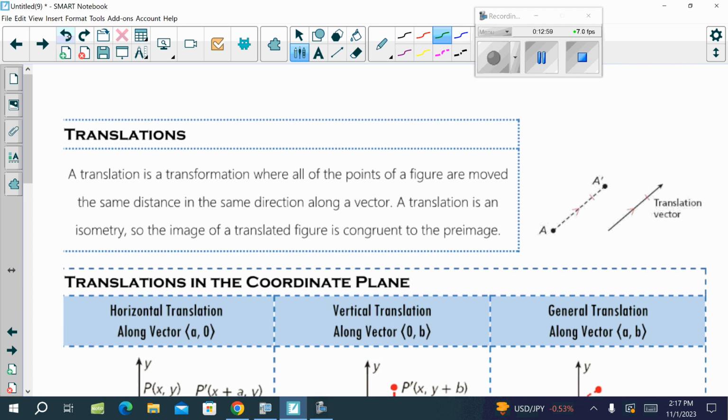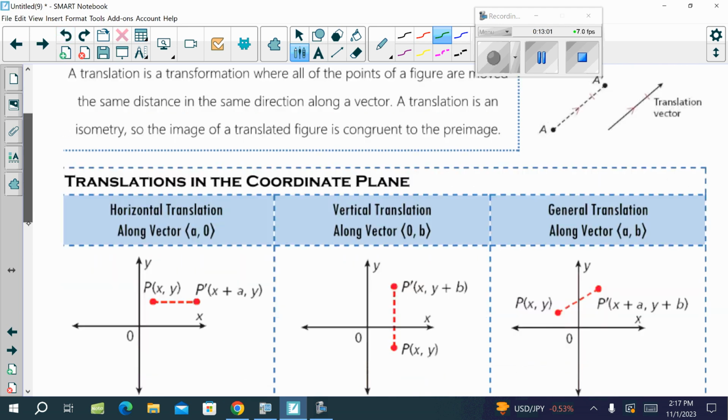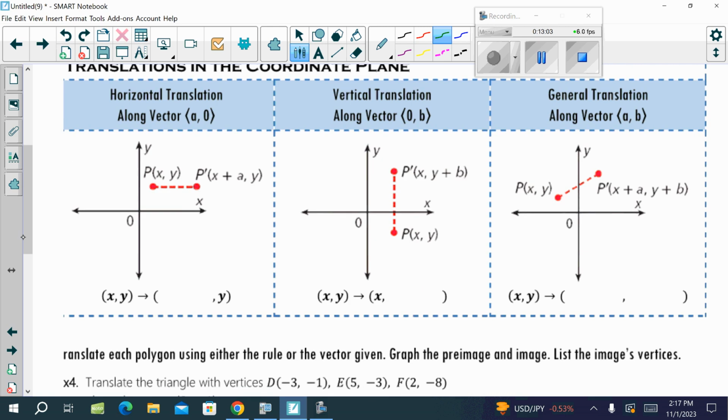So we can move 3 different directions. So horizontal translation. Vector form has these little arrows. Okay, so it looks like an ordered pair, but instead of parentheses, it's got kind of like big arrows on the end. So that's your vector form of it.